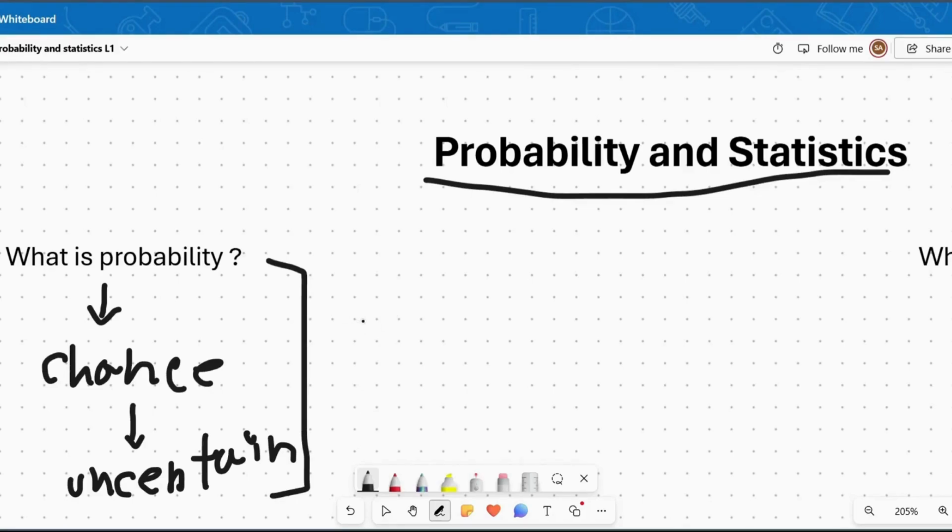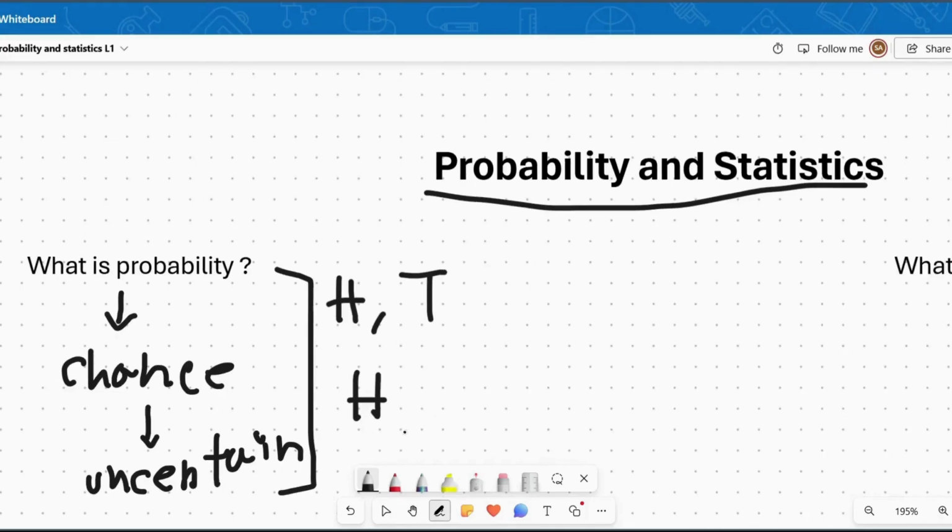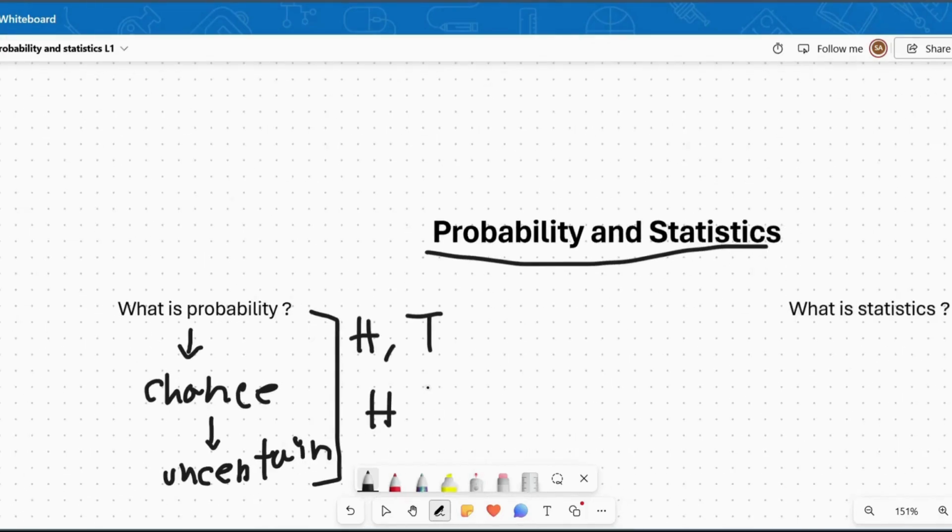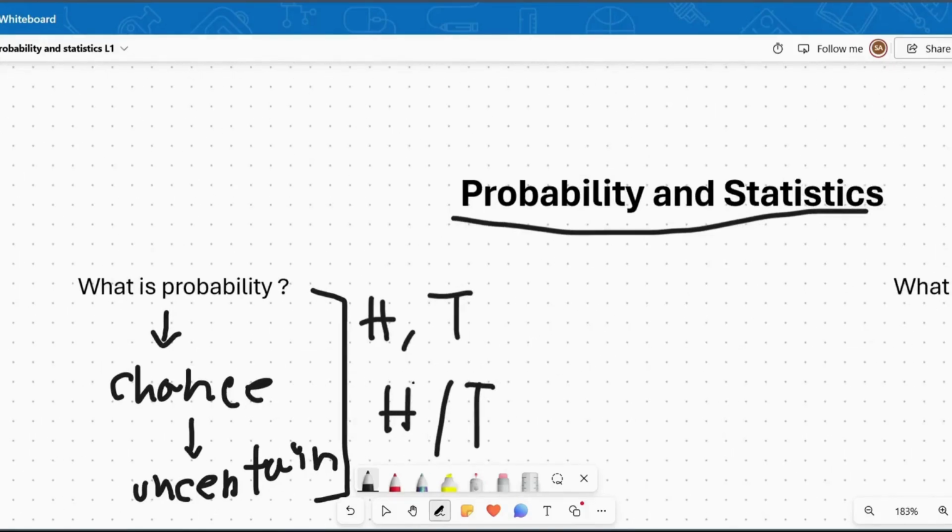A coin has two sides, head and tail. There is a probability that if we flip the coin, it will be head. Also, there is a probability it will be tail. So basically, that is probability.